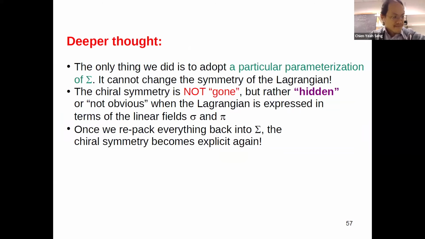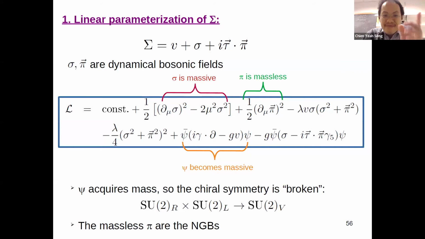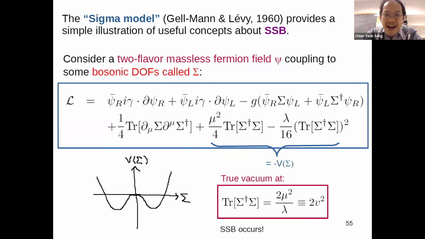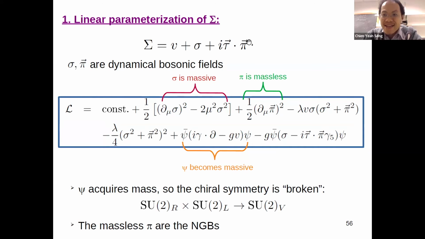Okay. Now there's one thing very interesting. From this slide to this slide, we have done nothing but adopt a particular parameterization of the big sigma. We are just rewriting sigma in terms of something else, right?